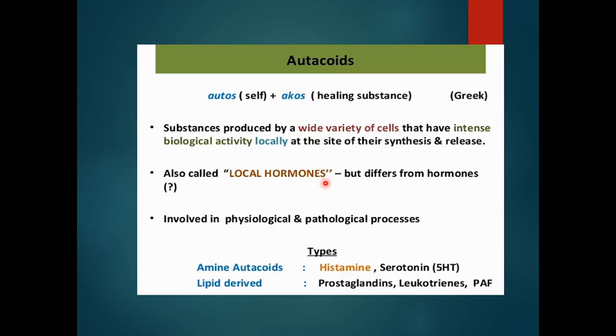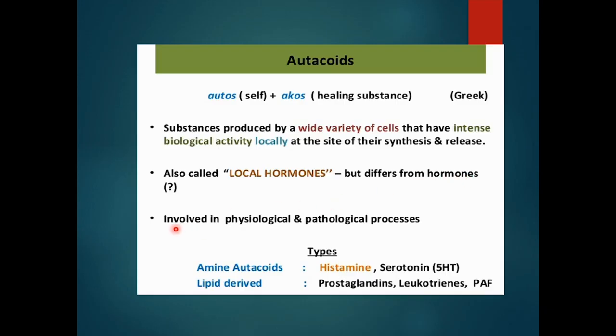And these local hormones differ from other hormones like endocrine hormones, because endocrine hormones are circulating hormones. That is, they pass from the secretory cells into interstitial fluid and then into the blood.